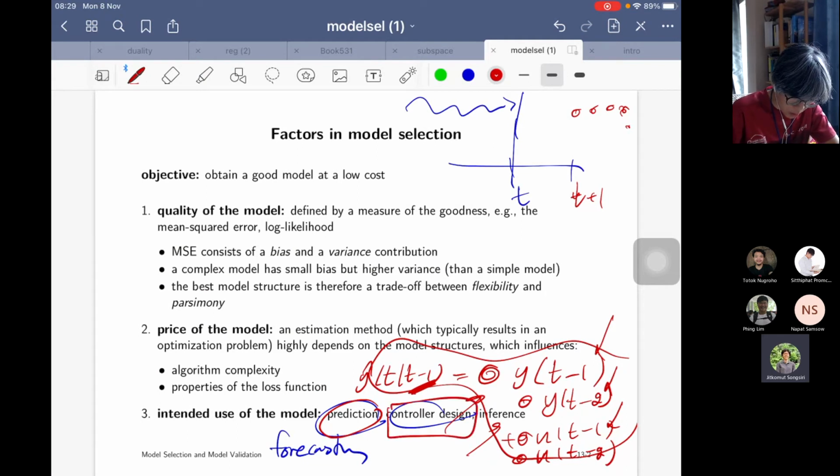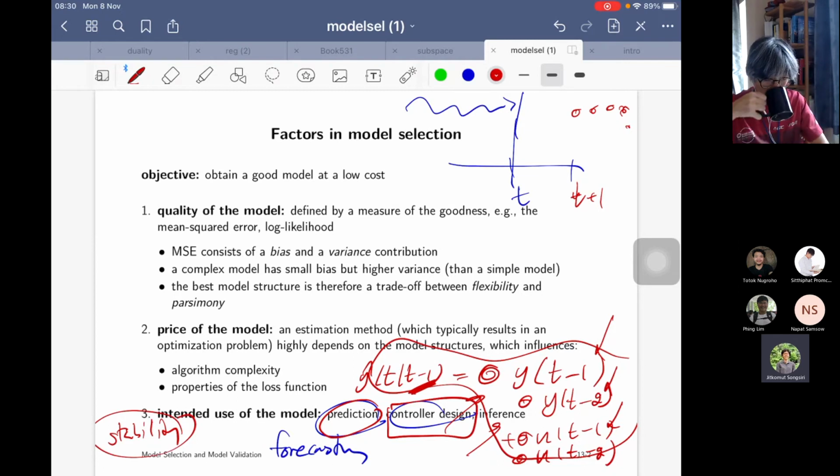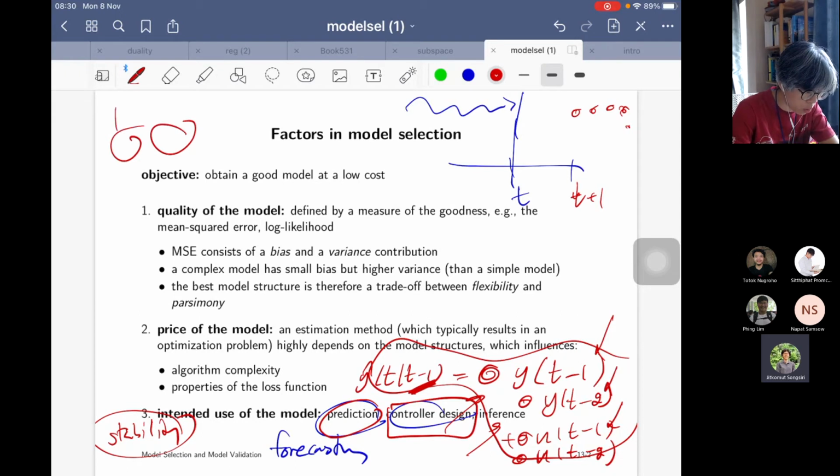For controller design purposes, what's the different aspect that you need to be aware of? When you pick a model class for controller design, stability is a very important issue. If the physical system is stable and you're going to use the estimated model in the control design process, of course the estimated model should be stable. Suppose you have model candidate 1 and model candidate 2.